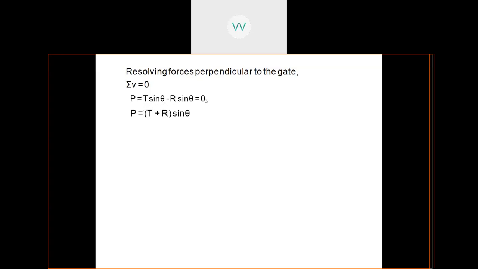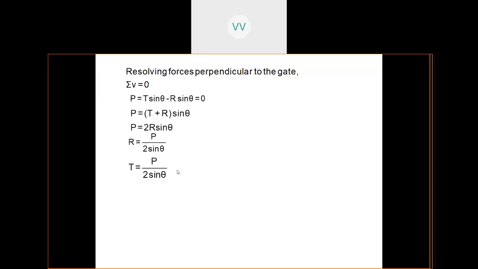So P is equal to T plus R sine theta. Replacing T with R, you have R plus R, which gives 2R sine theta. Then when you want the gate reaction, R is equal to P by 2 sine theta, or T is equal to P by 2 sine theta.